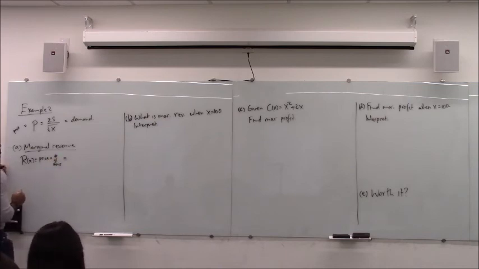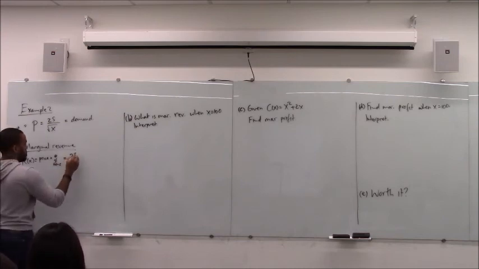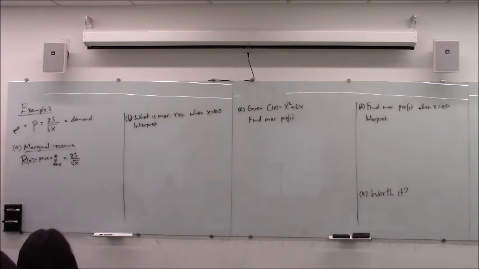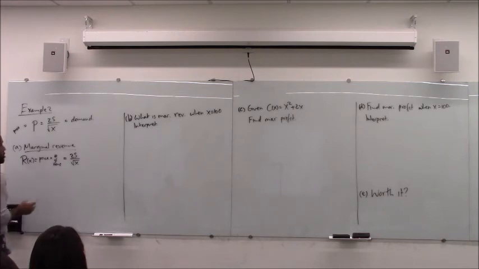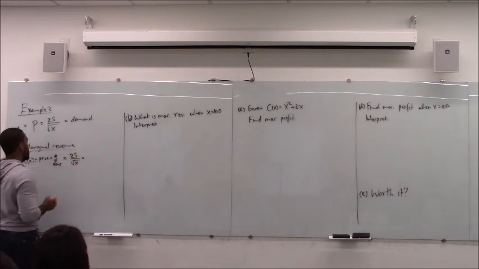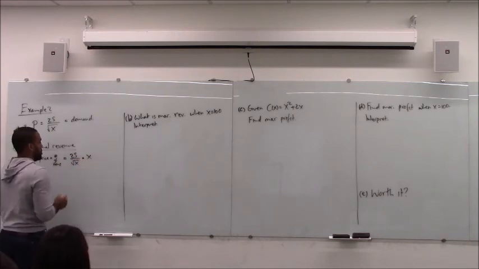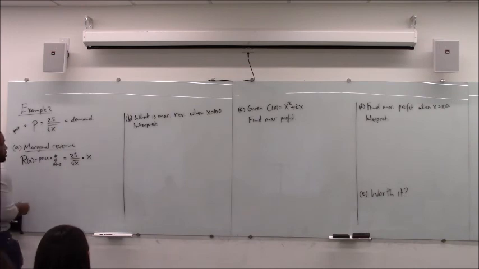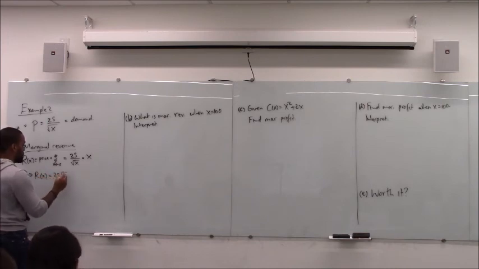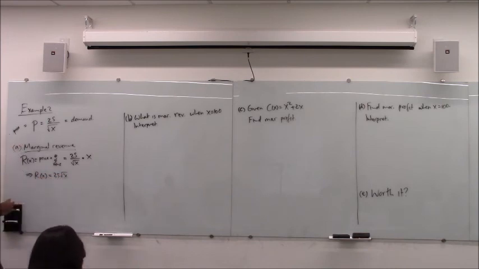Well, no, it's not 25, it's 25 over root x. The number that you're selling changes the price, times how many things are we selling? Well, x of them. So my revenue function is 25 radical x. How do I find the marginal revenue function?